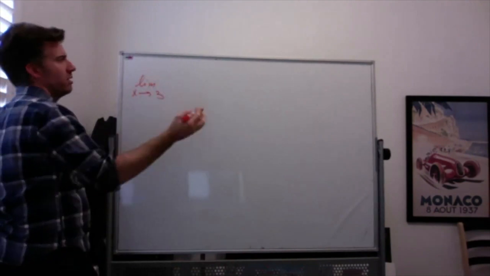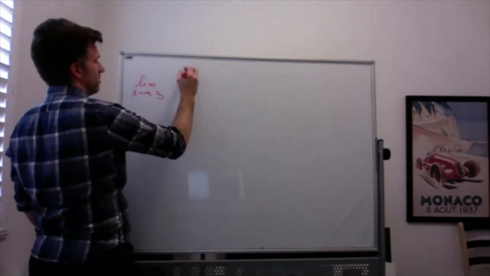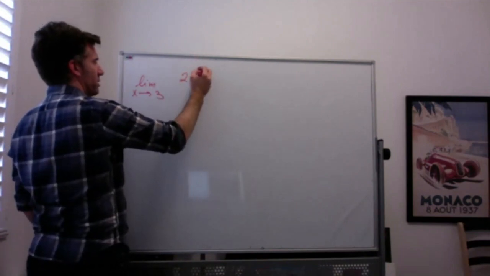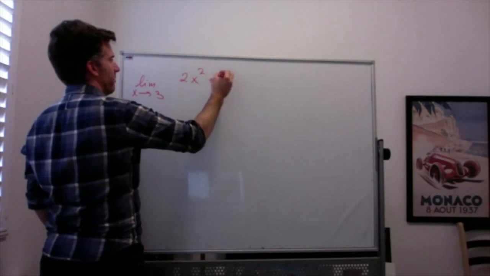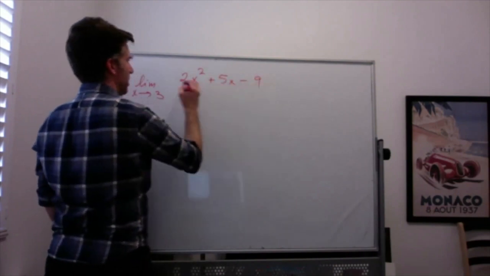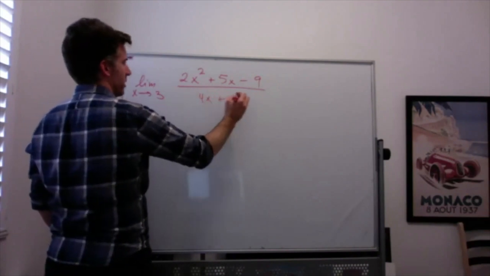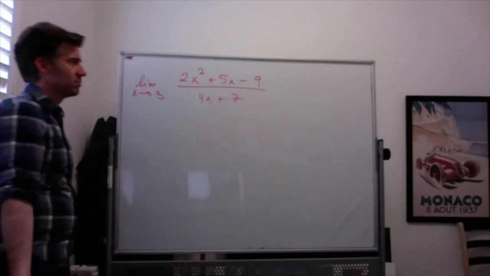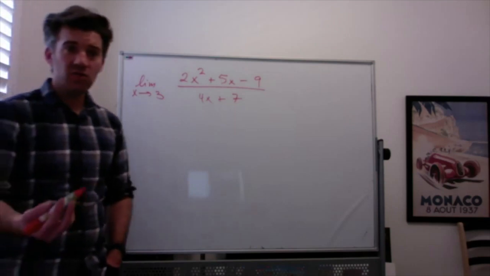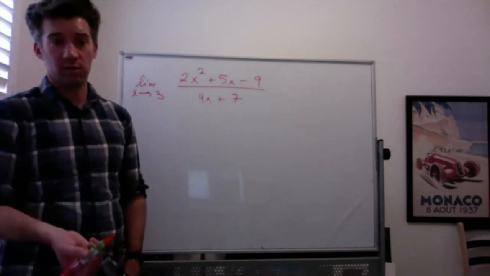So let's say I wanted to find the limit as x approaches 3 of, I don't know, 2x squared plus 5x minus 9 over 4x plus 7. I could use these limit rules, and I'm going to find this limit.